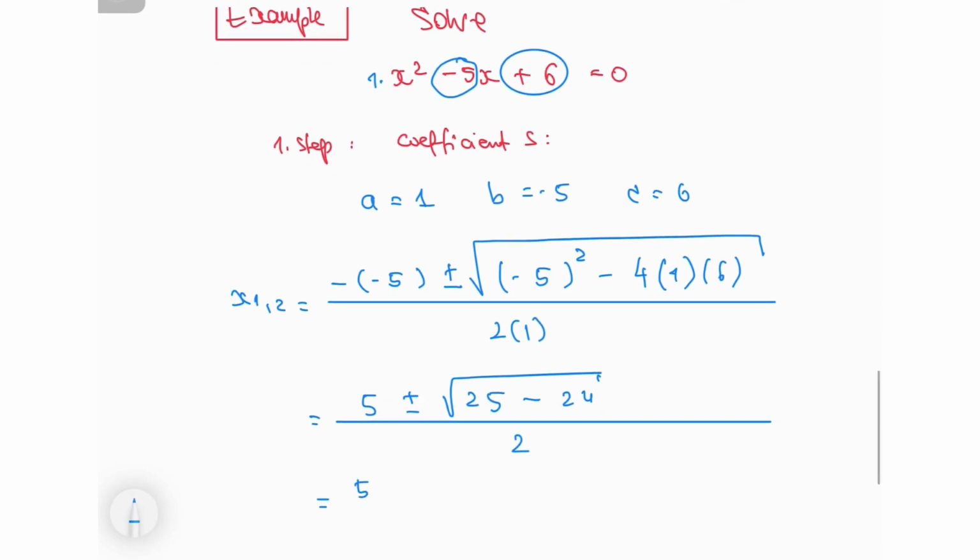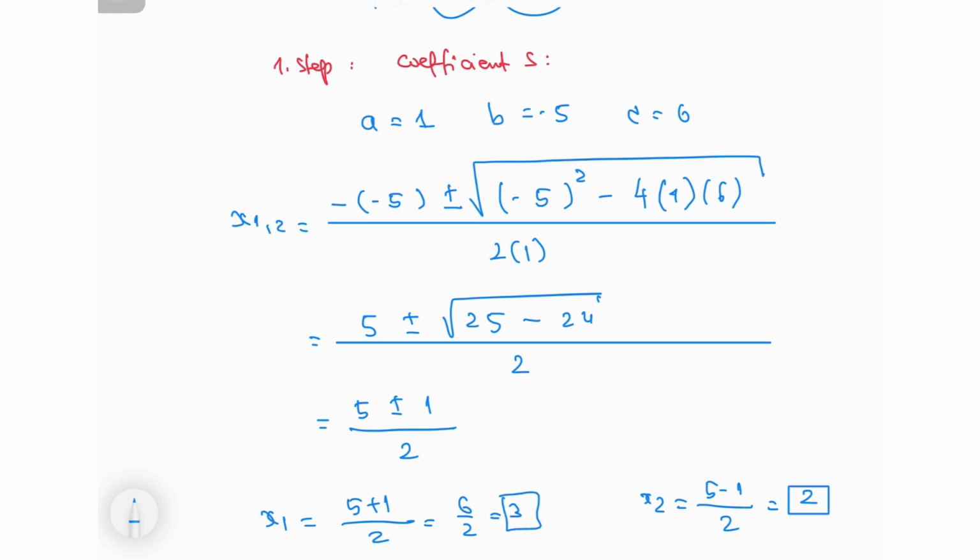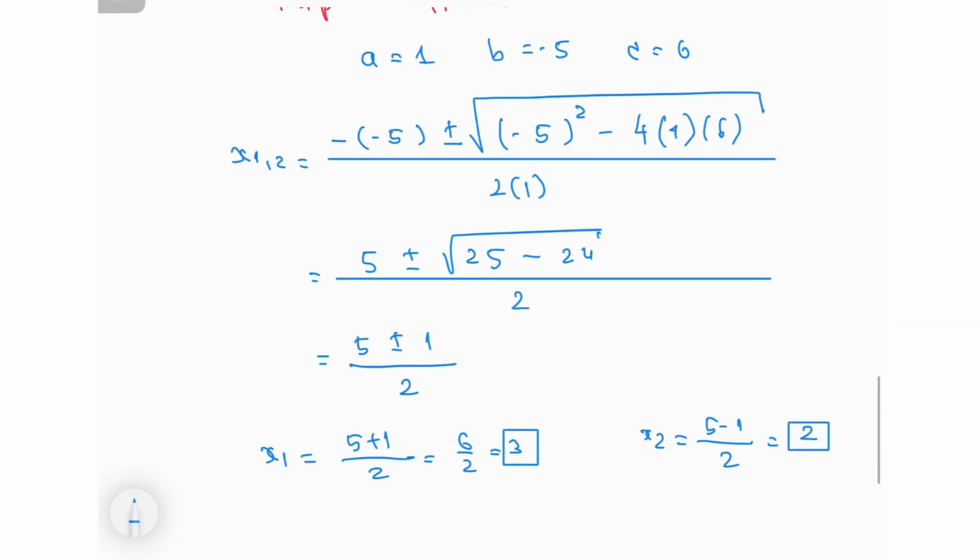That is 5 plus minus 1 over 2. x1 is 5 plus 1 over 2, 6 over 2, which is 3. And 5 minus 1 over 2, which is 2. So x1 is 3, x2 is 2.